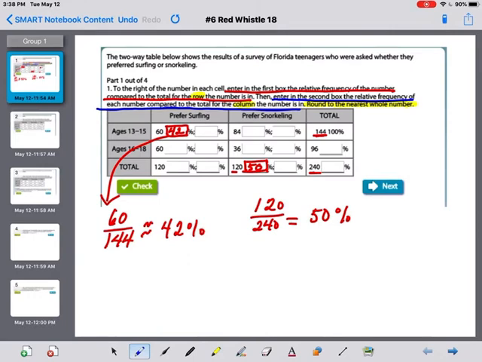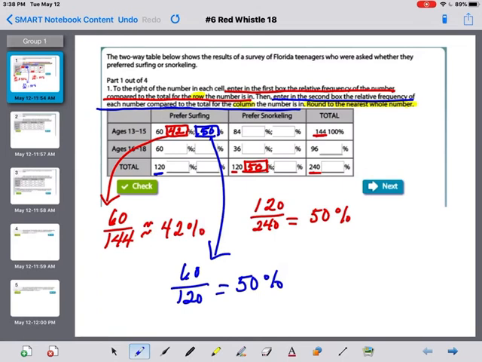If I go back to this first box I was working in, and I wanted to fill in the percentage for the second box, I know the number in that box was 60. But now I want to divide it by the total for that column, which is 120. A lot of you might recognize 60 is half of 120, so we're going to get 50%. Otherwise, we could divide 60 by 120, multiply by 100, and we'll get that 50% as well.